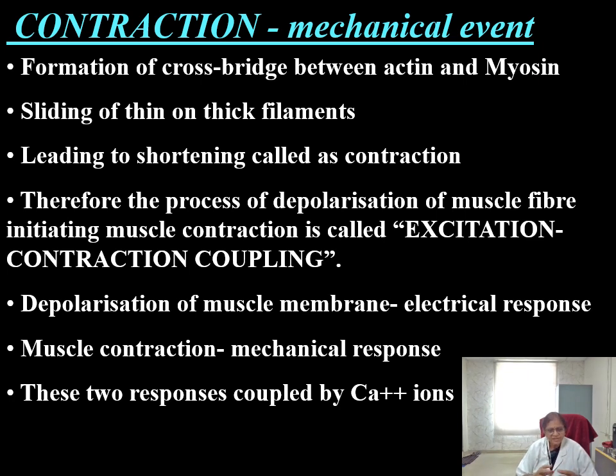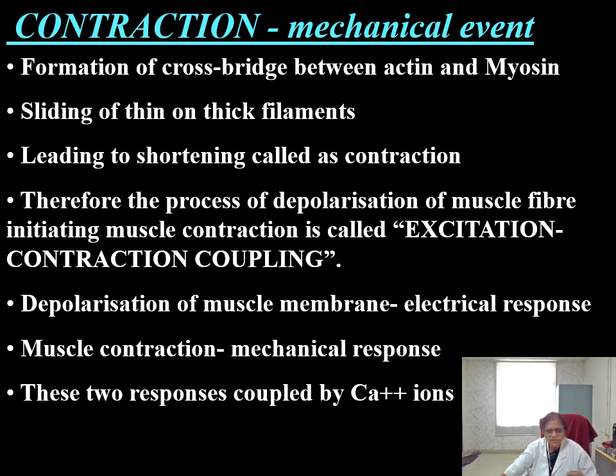In all 6 directions the myosin heads are present, and they can raise their heads and attach to all 6 thin filaments and slide them towards the M line, leading to shortening called contraction. So the process of depolarization of the muscle fiber initiating muscle contraction is excitation contraction coupling.